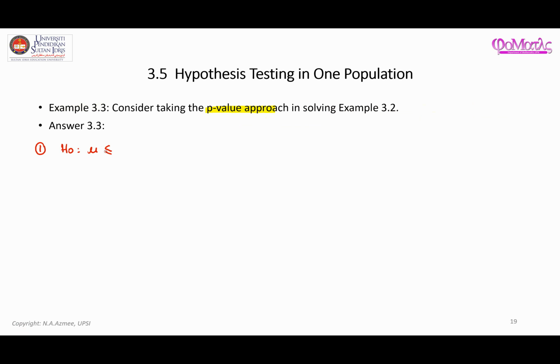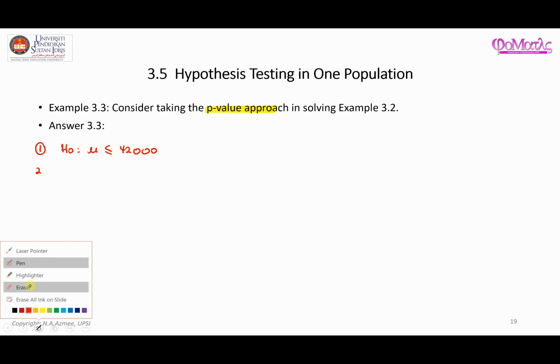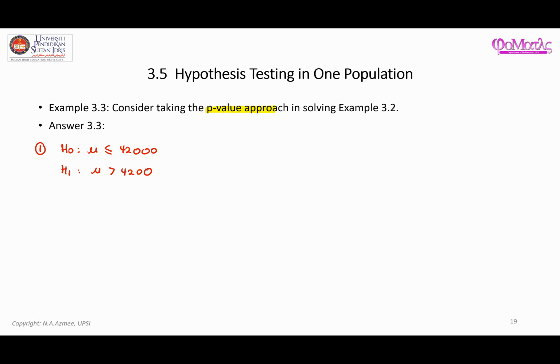Therefore, we have mu less than or equal to 42,000. So next is the alternative statement. Here we have mu greater than 42,000. So there you go. Our hypothesis statements are done.